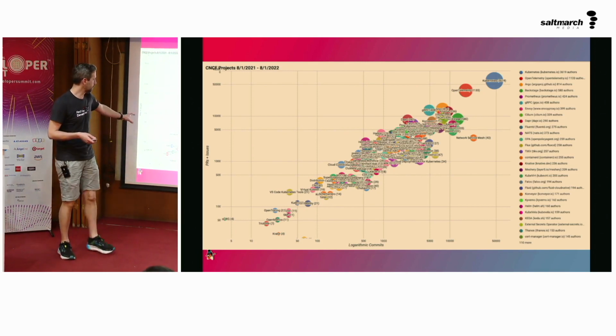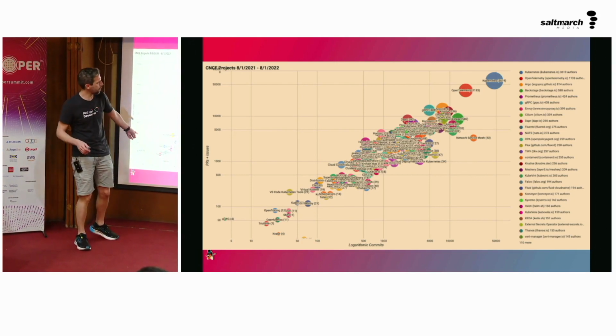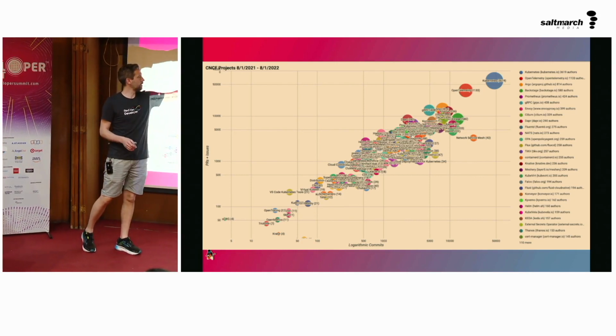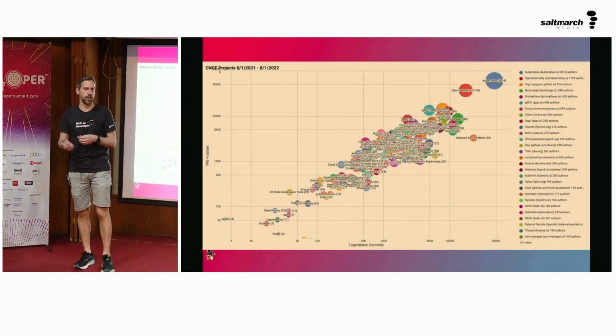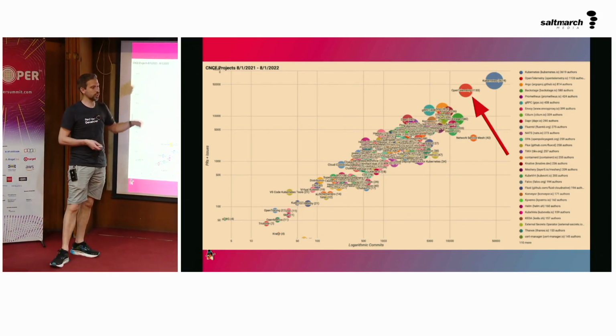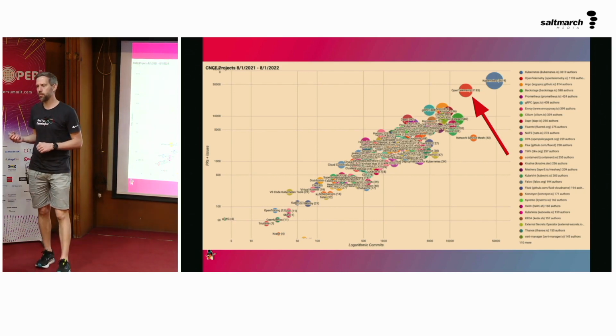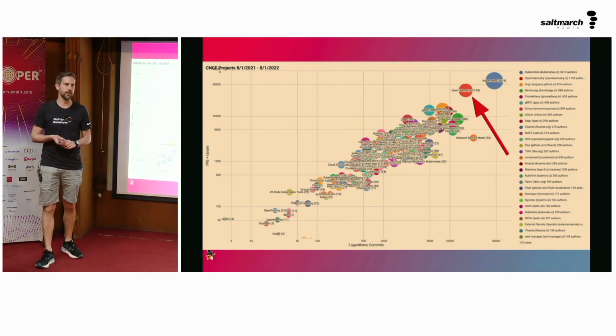We have, this is a small project that didn't have many commits and wasn't very popular, all the way to the top, where you see Kubernetes as the project that had the most contributions and was most used. And actually, we can see that OpenTelemetry was the second most popular project in the CNCF landscape.